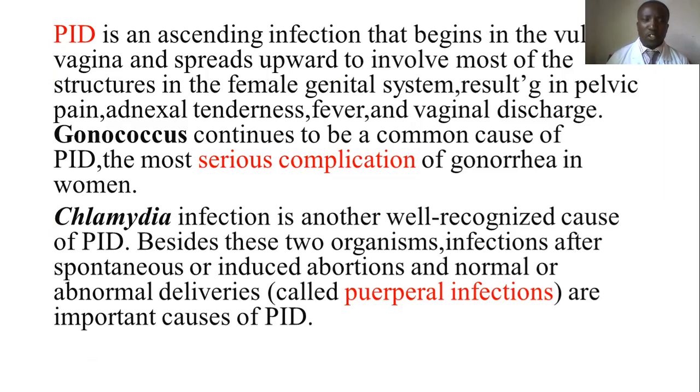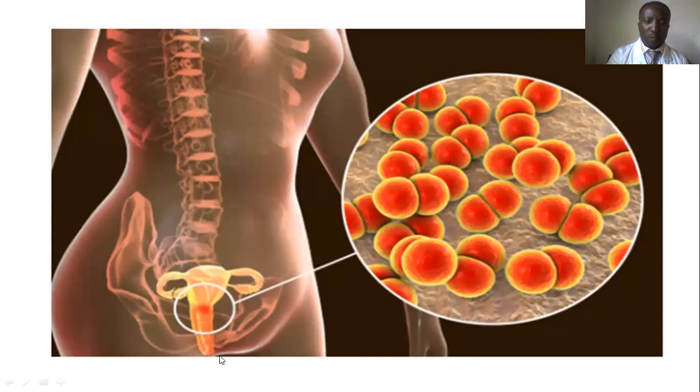Pelvic inflammatory disease, or PID, is an ascending infection. Ascending means going upwards. When an infection starts from the vagina or the vulva, to the vaginal canal, to the cervix, to the uterus, then to the fallopian tubes and beyond the pelvic cavity, to the peritoneum, we call it an ascending infection.